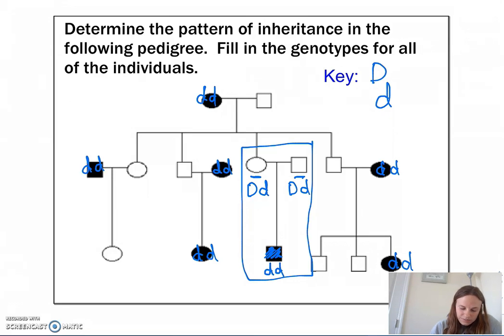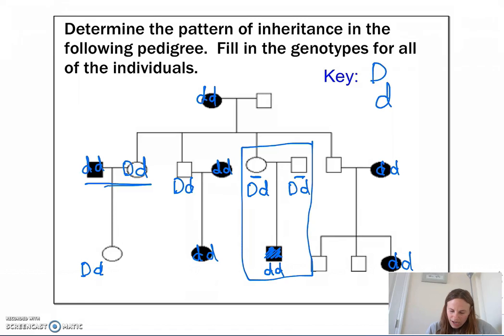Let's start here. Could that lead to a potentially homozygous recessive child? Most definitely. Over here, I've got a child who doesn't have the trait, so the child would be uppercase D, lowercase d. So this mom would have to be heterozygous for the trait.